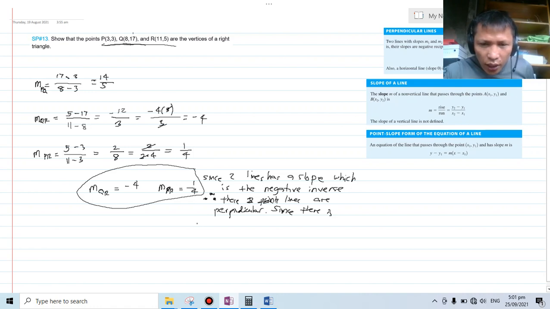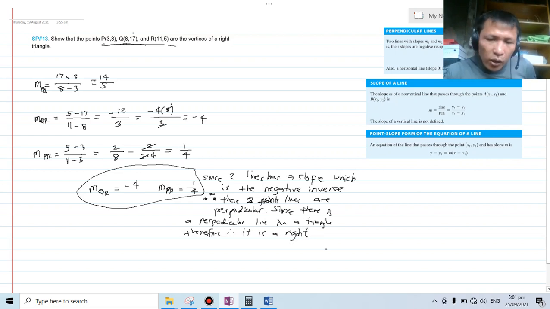Since there is a perpendicular line in a triangle, therefore it is right. Again ha, kay triangle gimpapaprove nga kay kung may tutulo ka points na prove mo nat dayon nga triangle ita kay may tulo nga points, therefore it is a right triangle. So ano mo gimprove nga ni nga right triangle, meaning may da niya 90 degrees. Ngayon kung may da 90 degrees, may dito perpendicular, meaning nagtatapo nga line at 90 degrees.